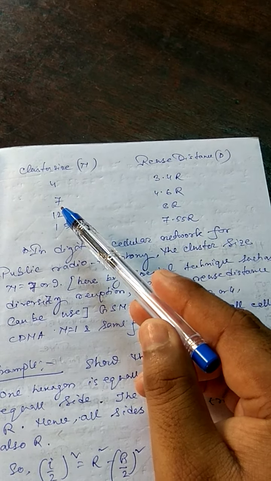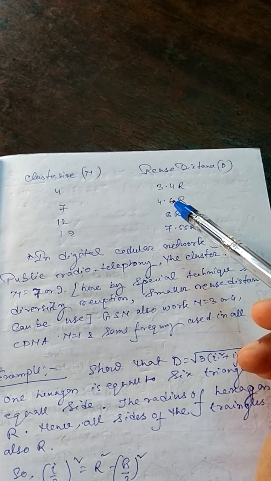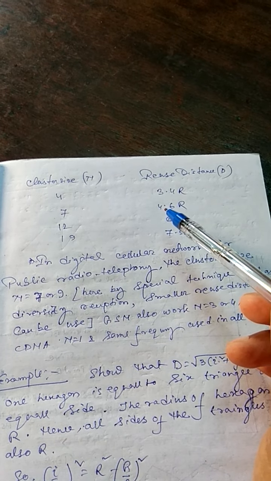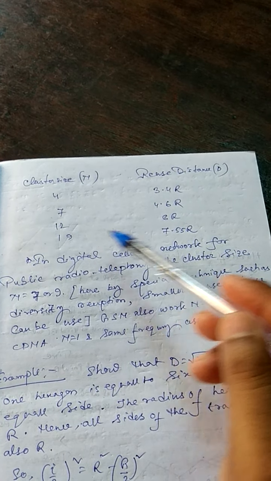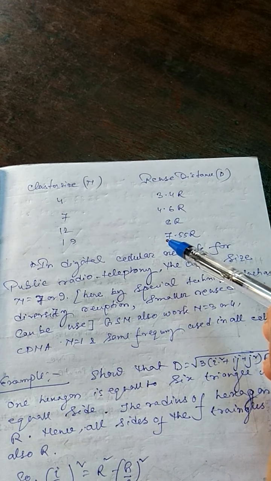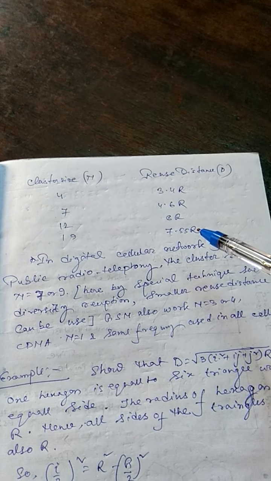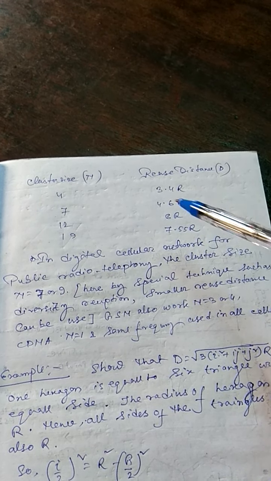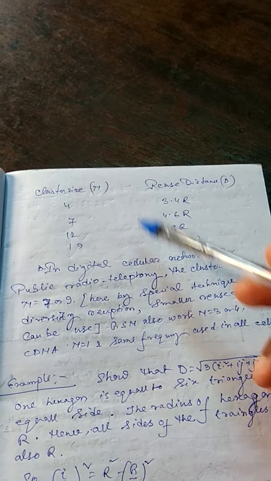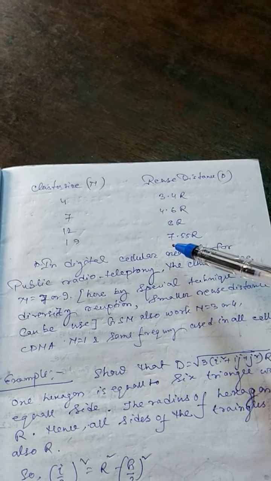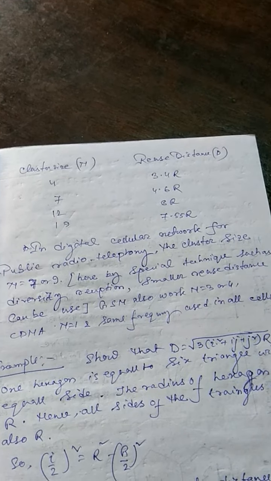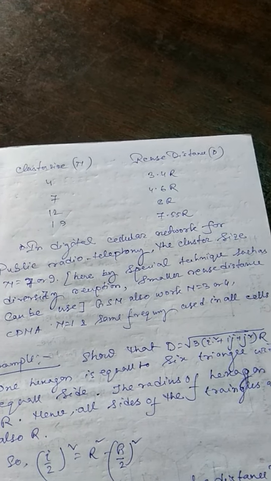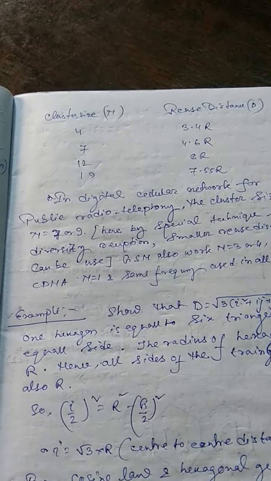If the cluster size is 7, then the frequency reuse distance is 4.6 into r. If 12, then it is 6r, and if 19, then it is 7.55r. That means if we exceed that distance, the frequency reuse is not done properly, and there is some disturbance in our cellular communication.